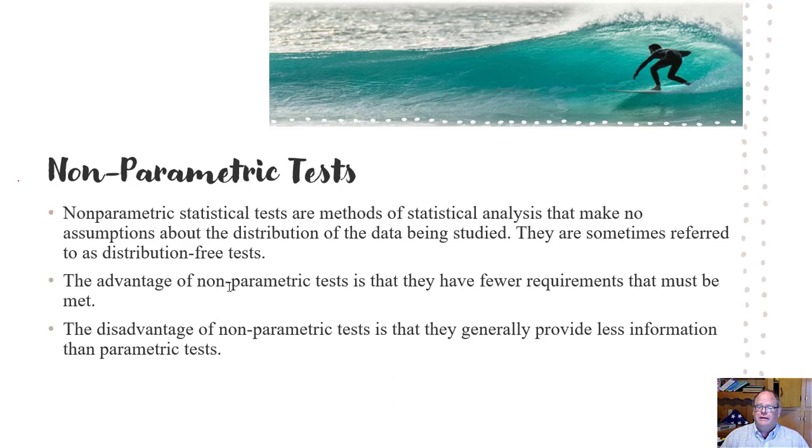Non-parametric tests do have an advantage in that they have fewer requirements that must be met by the data in order to work. The disadvantage of non-parametric tests, and the reason that parametric tests are preferred when they can be used, is that they generally provide less information than parametric tests.